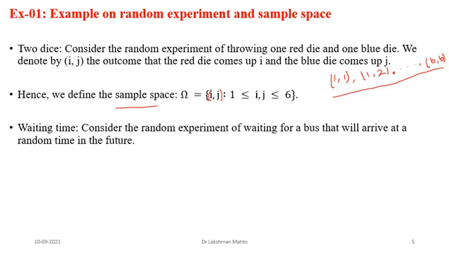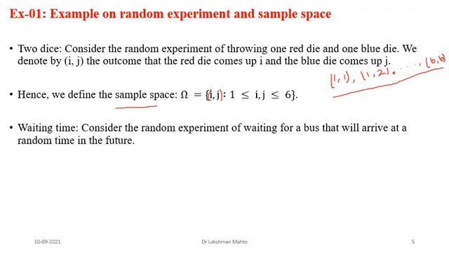Consider the random experiment of waiting for a bus that will arrive at a random time in the future. Suppose you are waiting at a particular bus stop, then time always moves in a continuum fashion. So that would be a continuous phenomenon. The outcome would come in a continuum fashion.